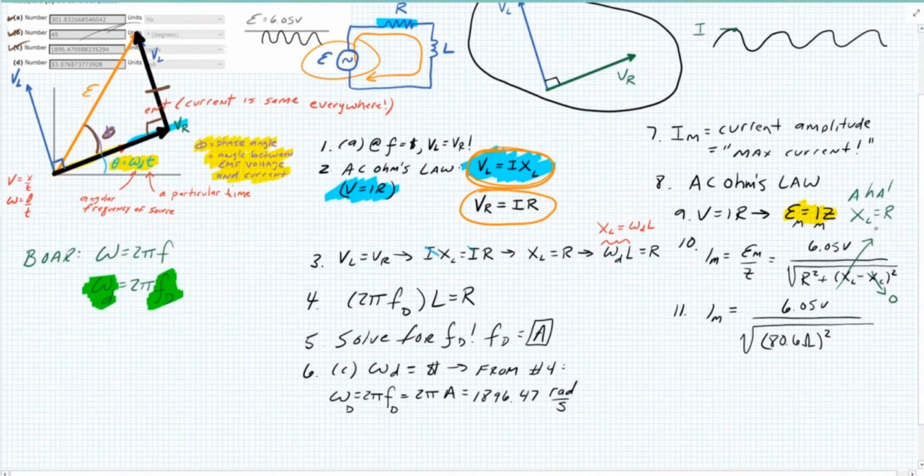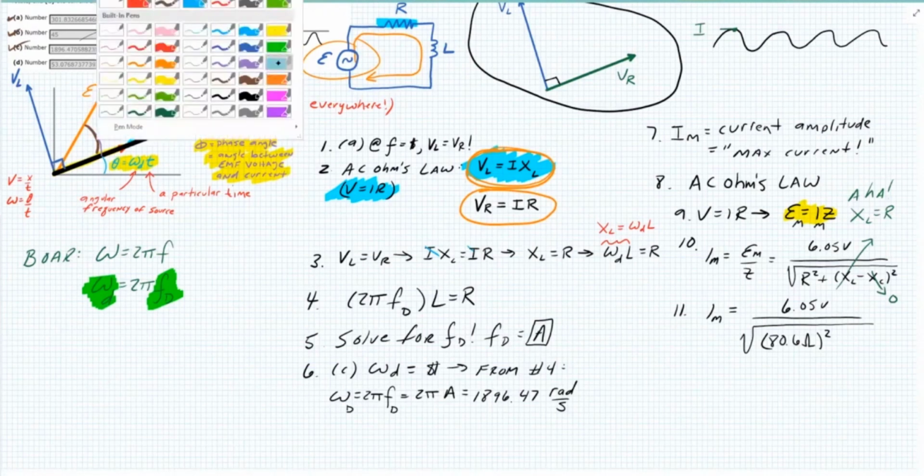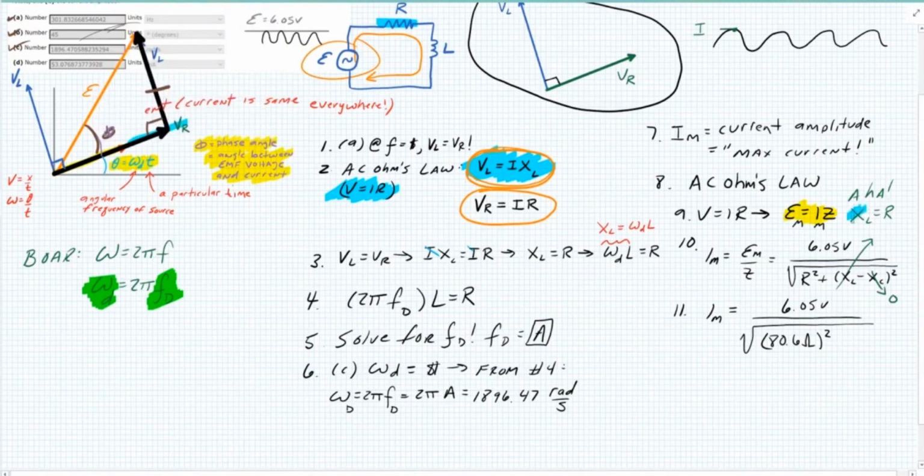Remember what the whole gist of this problem was: what driving current do you need to use so that this is true? And we did that. We figured out the driving current so that the inductive reactance is the same as the resistance. So then I'm just going to do this, plus 80.6 ohms squared. And that should be the answer.